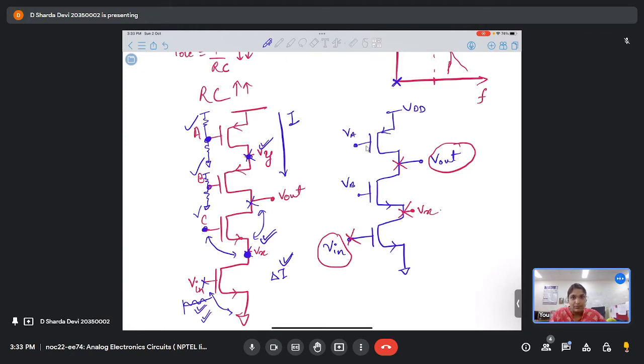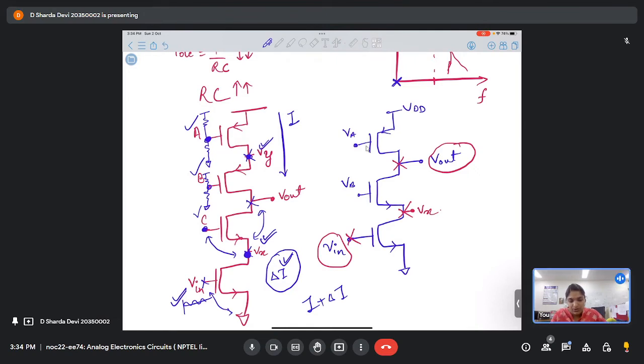Voltage will vary, but current should remain the same. Now, because of this small disturbance in the input, we are introducing a delta I amount of change in our circuit. This current change should be uniform throughout all the devices, so that my circuit will have, let's say, I plus delta I current.